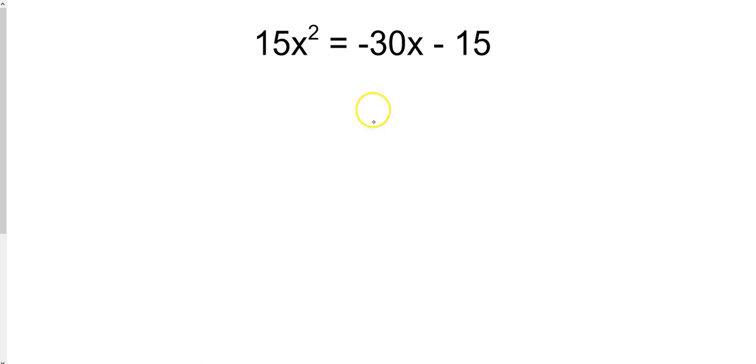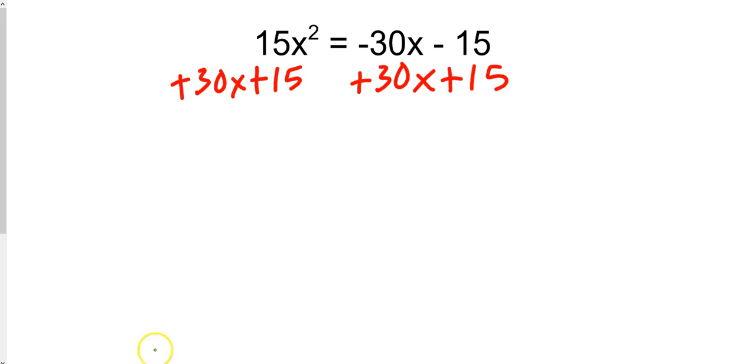So how do I move a negative 30x? Add 30x. How do I move a negative 15? Add 15. So I'm going to add 30x over here and a 15.